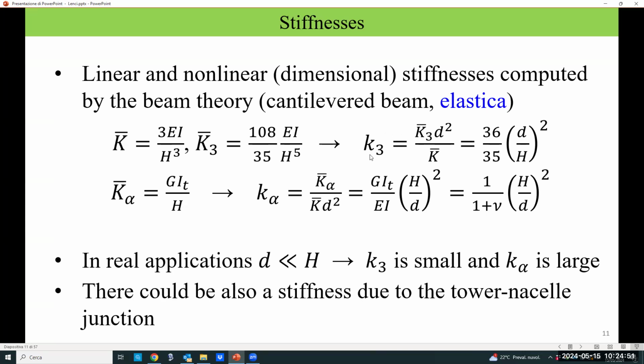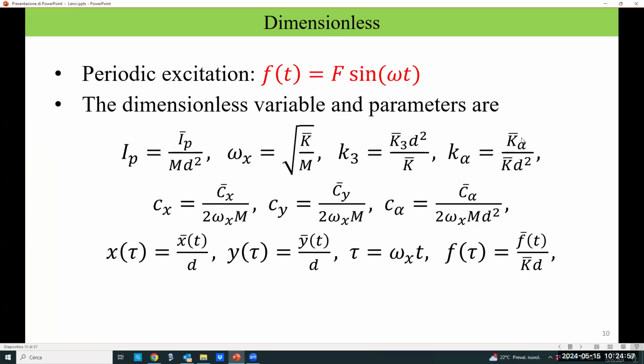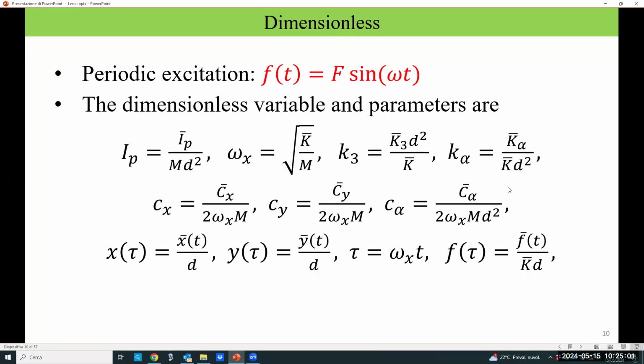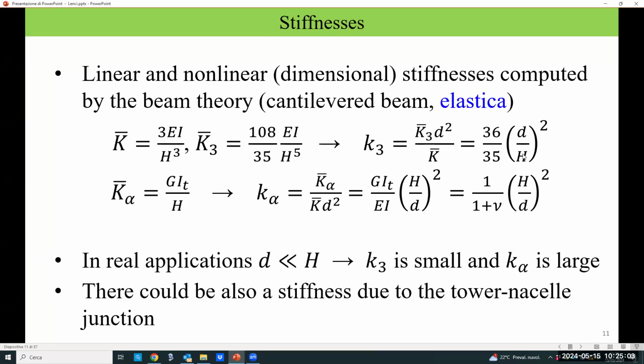You can see that this K3 is just a fixed number, the ratio between this offset, remember that D is the offset, and H is the tallness of the tower. It is D over H, which means that it is a small number, and its square is a very small number. So this K3 is a very small number, it is reported here.